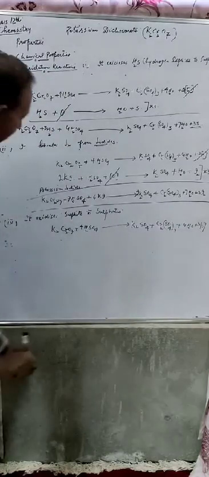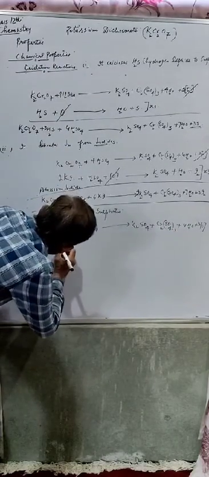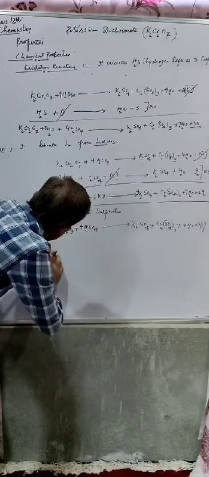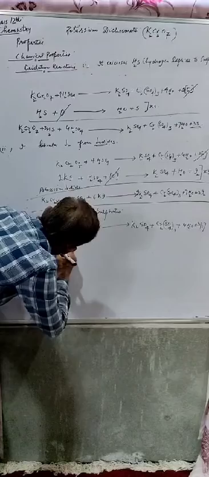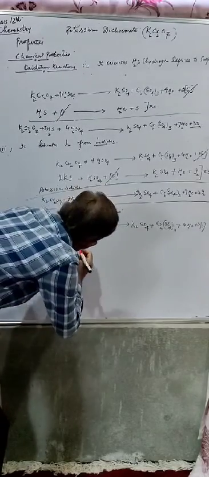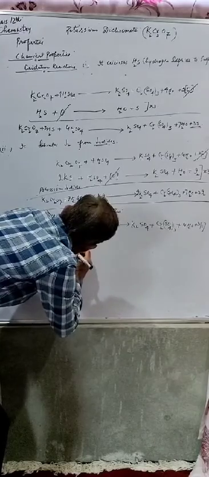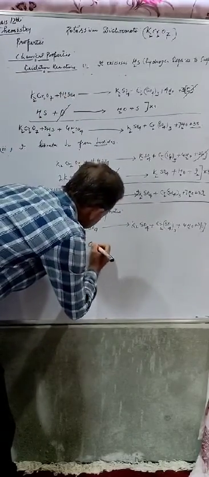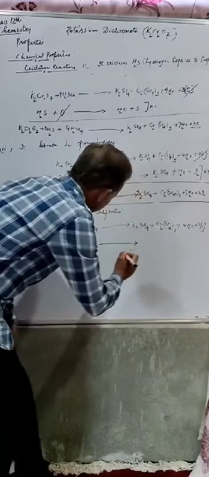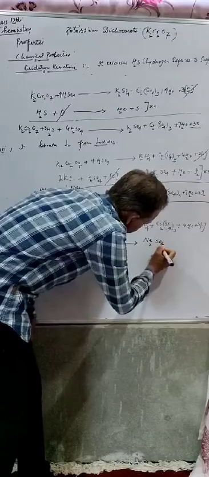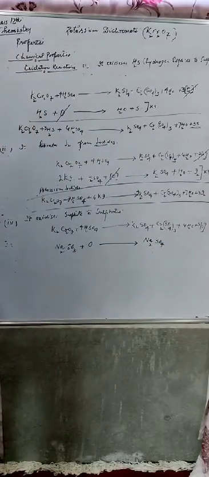Now, we will take sodium sulfite, Na2SO3. This is sodium sulfite, with the oxygen, it forms Na2SO4, sodium sulfate.